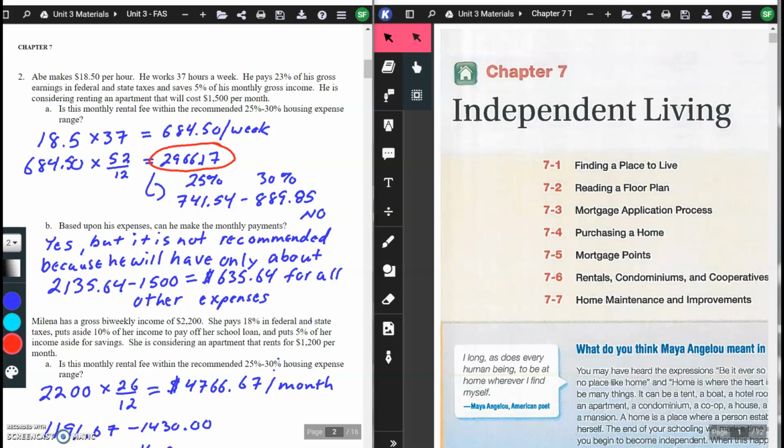He can make monthly payments, but it's not recommended, because if you take your $2,135.64 and subtract off your rent, it gives you only $635.64 for all other expenses. That's really not enough to make it work.